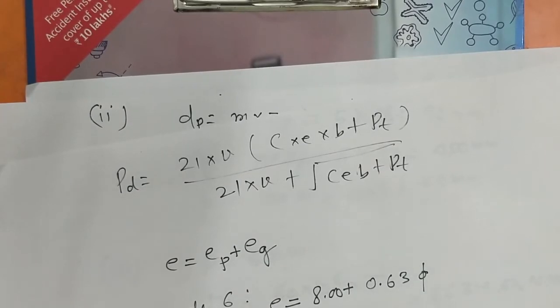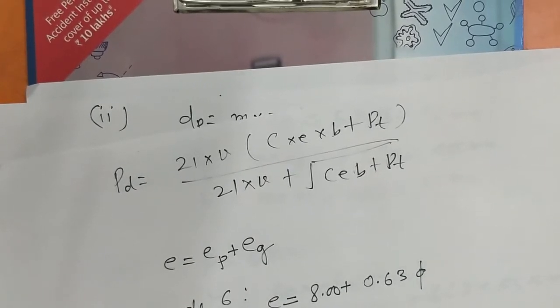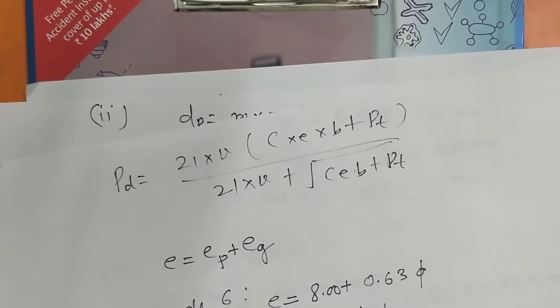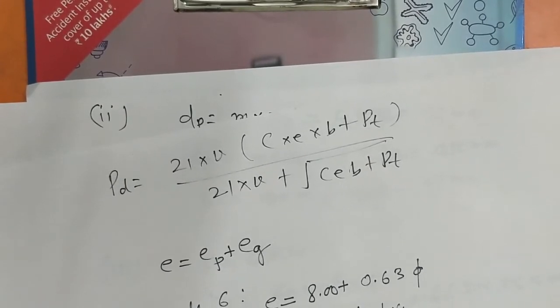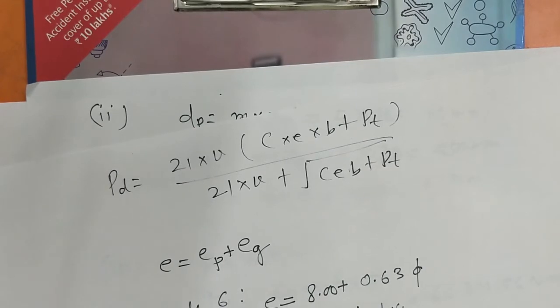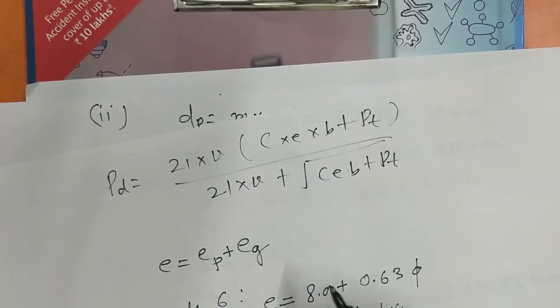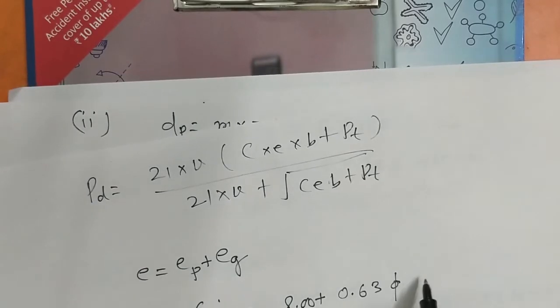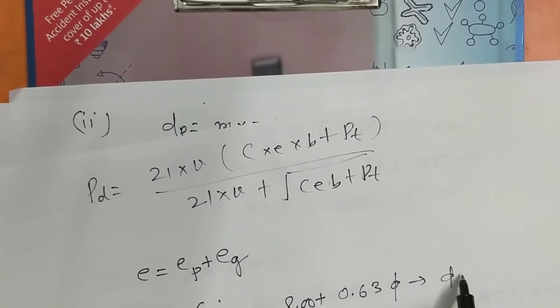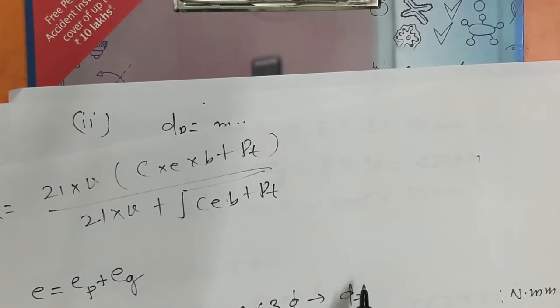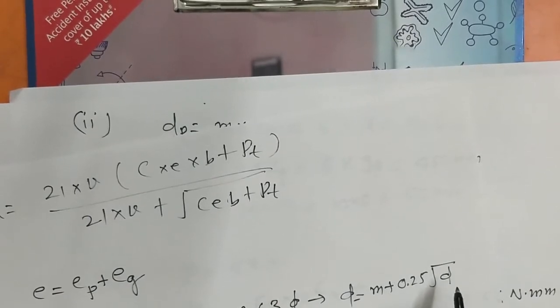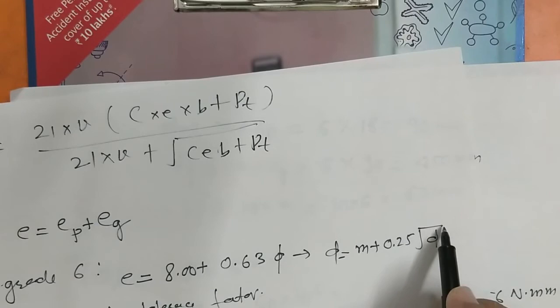0.635 times phi. Here phi is tolerance factor and m is module and d is pitch circle diameter, because phi can be given, in this formula, as m plus 0.25 times under root of pitch circle diameter.